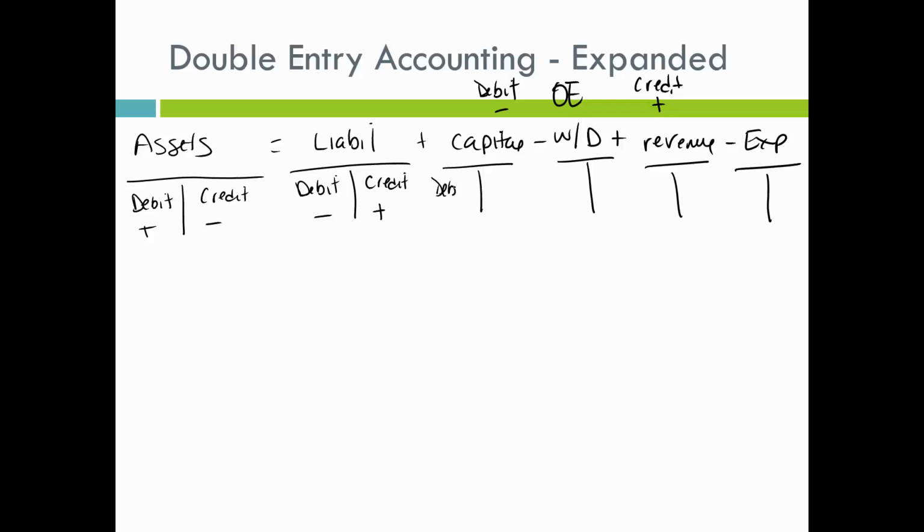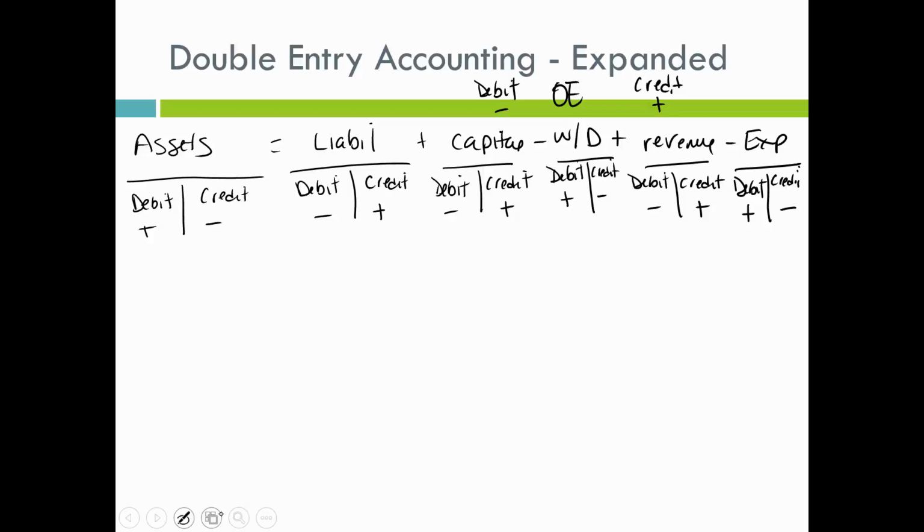A debit is a minus and a credit is a plus. But withdrawals and expenses, those two things take away from owner's equity, so they are actually the opposite of owner's equity, which means they look like an asset. So a debit adds to it, and the same for expenses, and a credit subtracts.